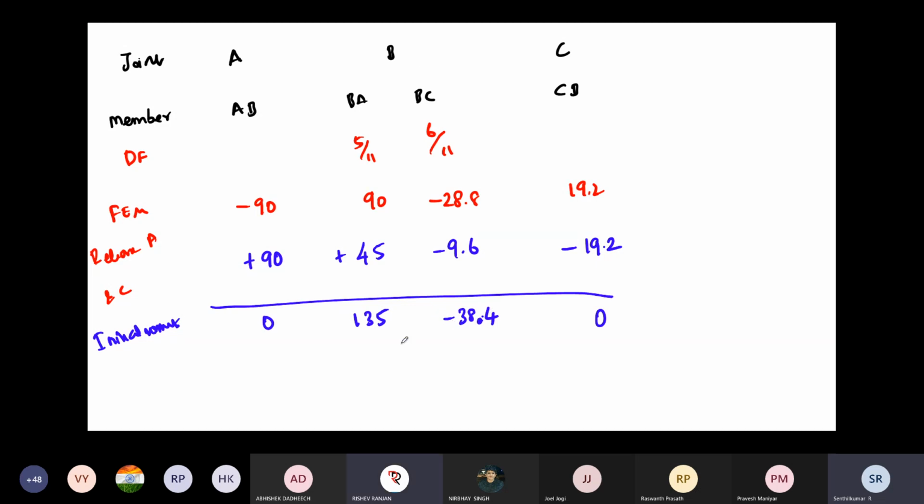What is your moment? Is it 0? 135 minus 38.4. How much?